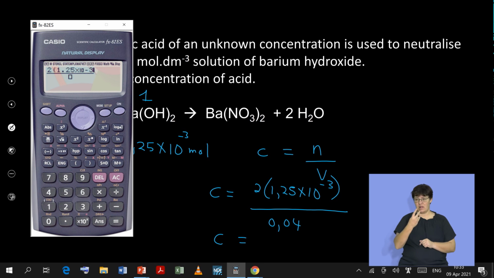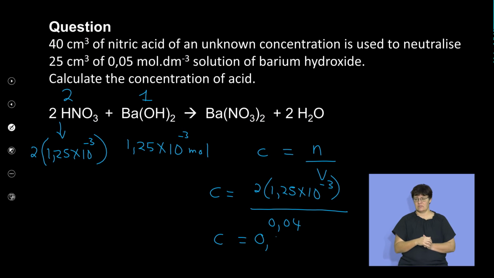We close that bracket, divided by 0.04. So this is the actual concentration of the nitric acid, 0.0625 moles per cubic decimeter.